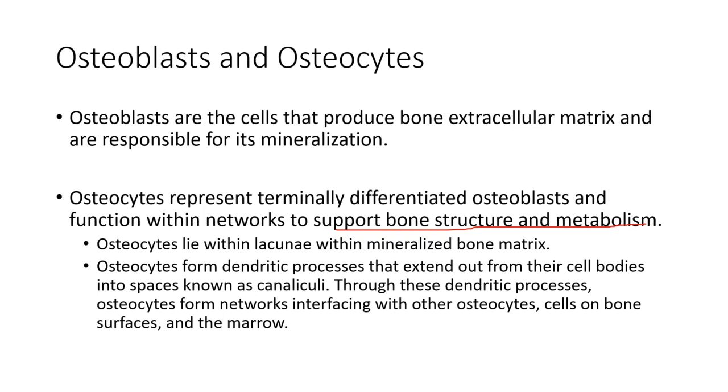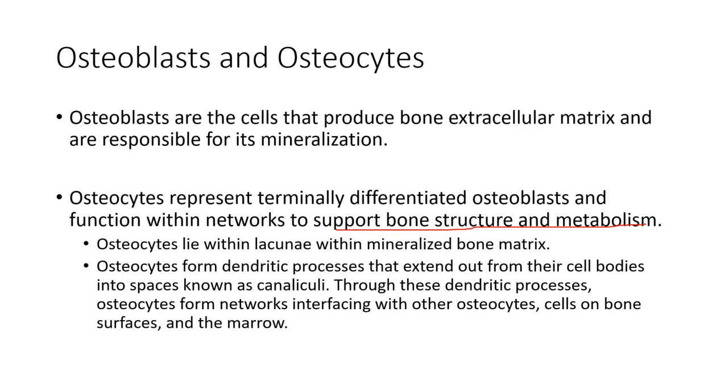Osteoblasts produce the matrix, and once they enter into the lacunae and are surrounded by the matrix, they become osteocytes. In cartilage, you have chondroblasts and chondrocytes. Chondrocytes are basically just mature chondroblasts within the lacunae. Osteocytes are essentially osteoblasts that are mature and now contained within the matrix. In this example, it's bone.